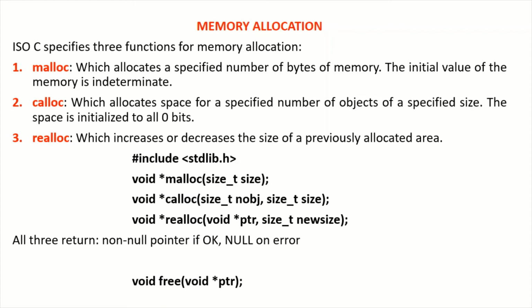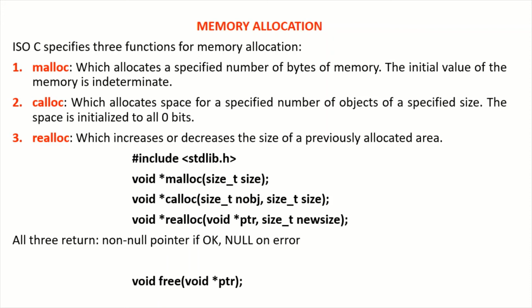The free function always frees whatever memory was allocated by any of the above three functions, and that location can then be reallocated for further references.